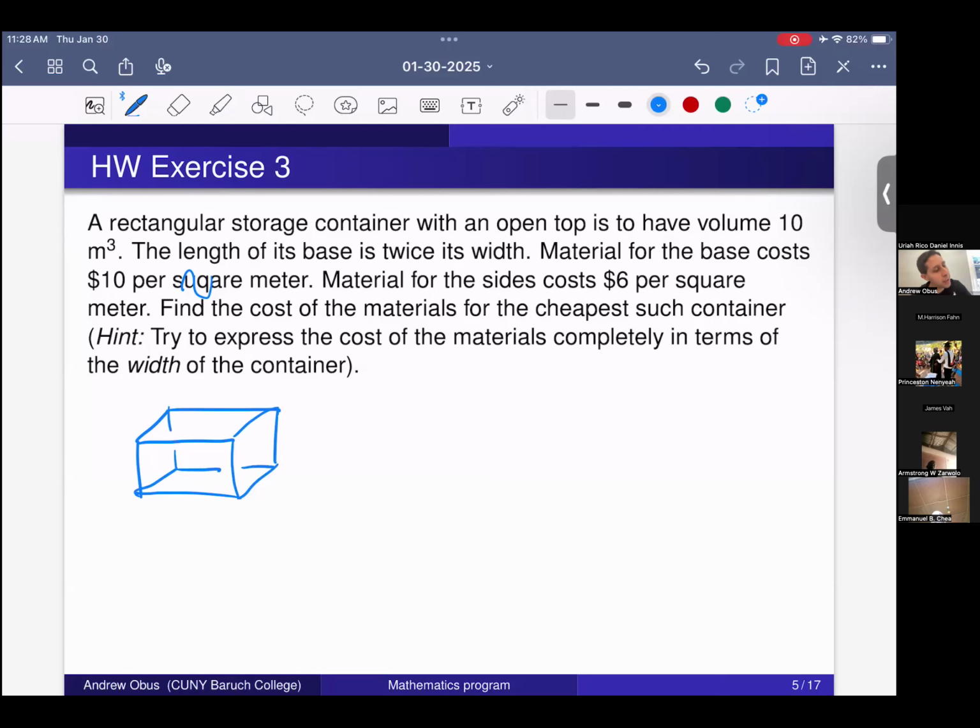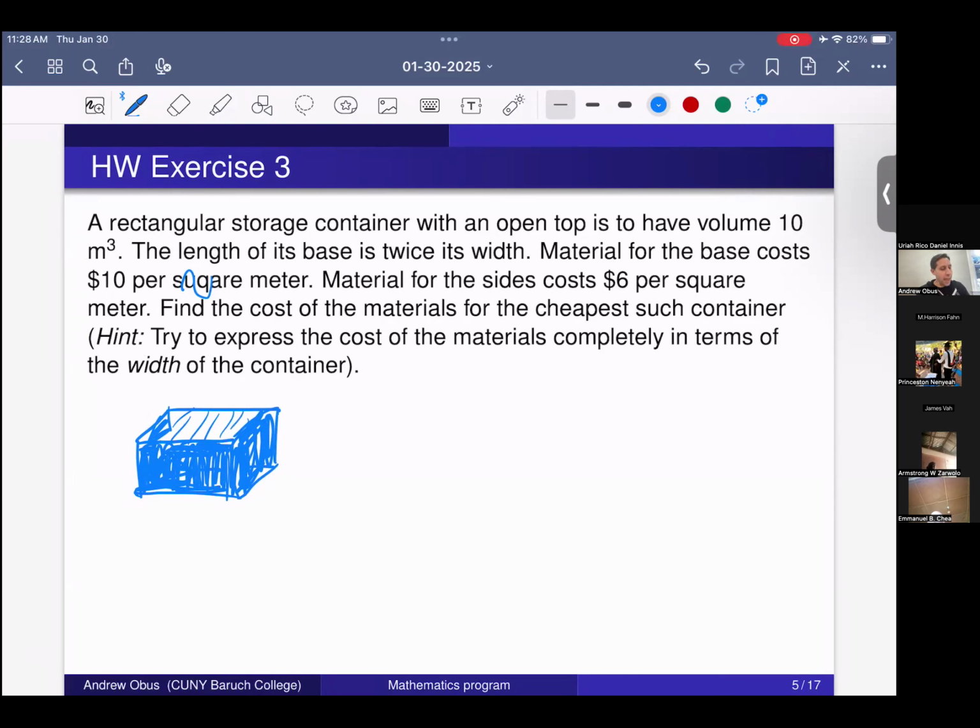So we can draw our box like this, and since it has an open top, I should fill in these sides over here, but I'm not going to fill in the top, because the top is open. We're not building the top of the box. Imagine you're building a crate or something like that. And I'll put the back in also.